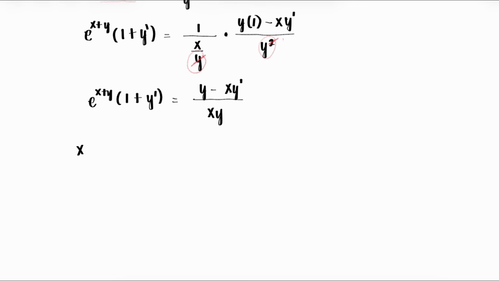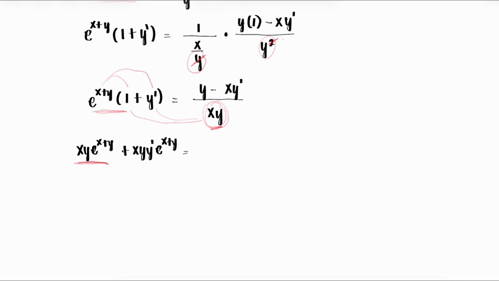This is xy e to the power of x plus y, okay, plus xy y prime e to the power of x plus y. We just multiplied this here and also this then distributed here. So xy and then this one. So it's this first term right here.